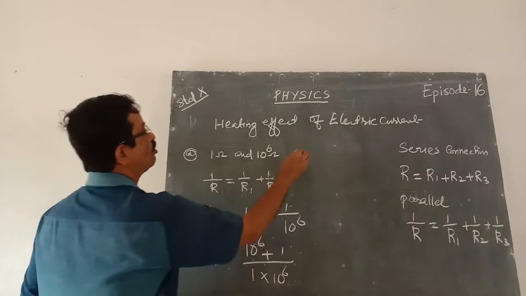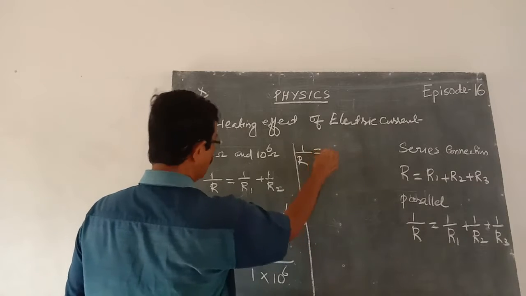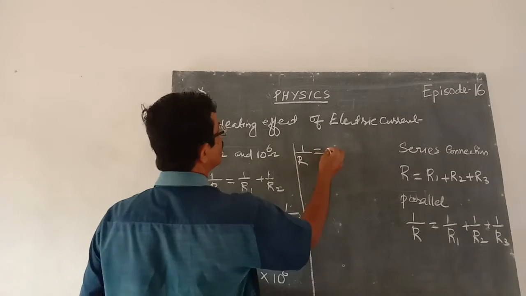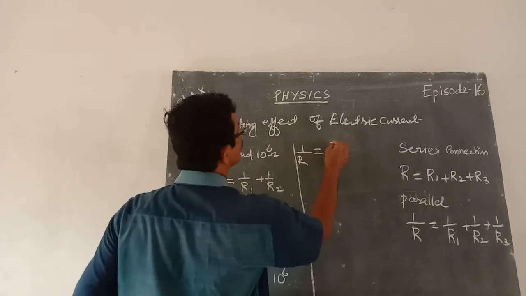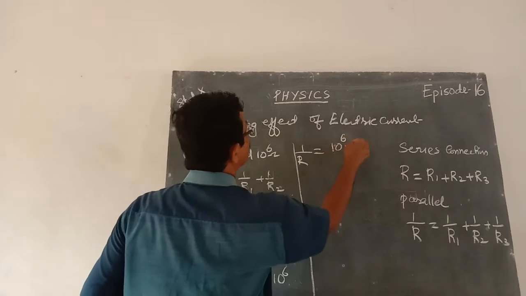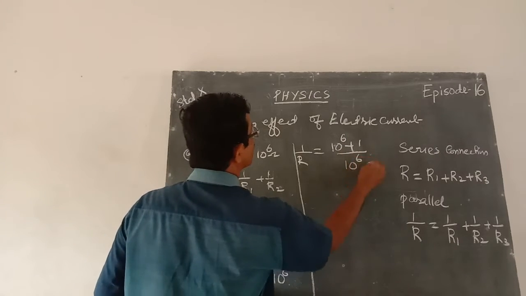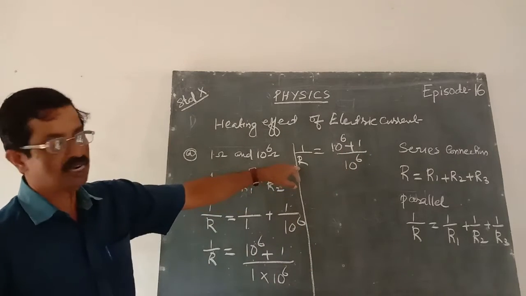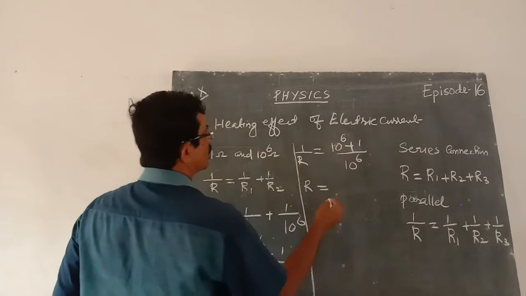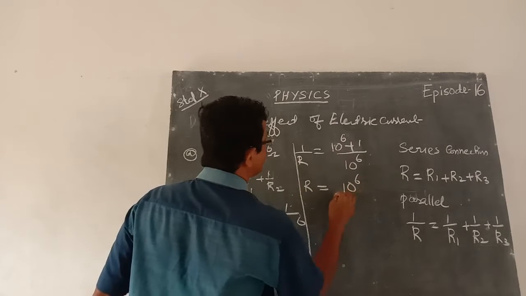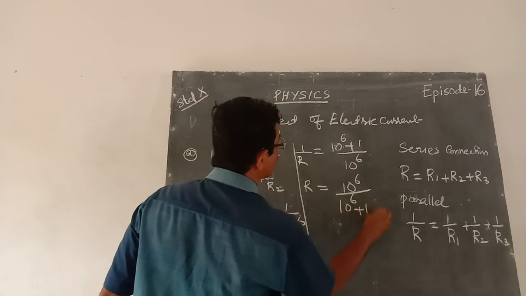Now again 1 by R is equal to 10 raised to 6 plus 1 divided by 10 raised to 6. We can take the reciprocal here. That is R is equal to 10 to the power 6 divided by 10 raised to 6 plus 1.